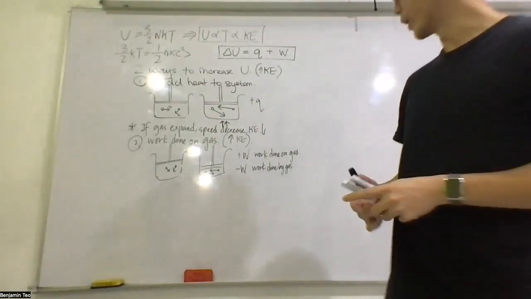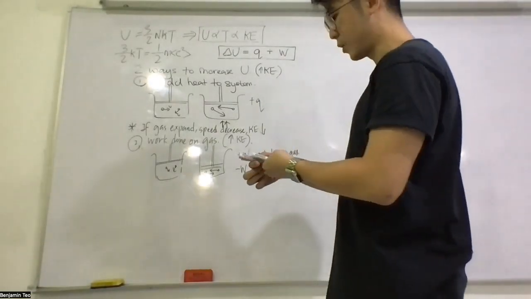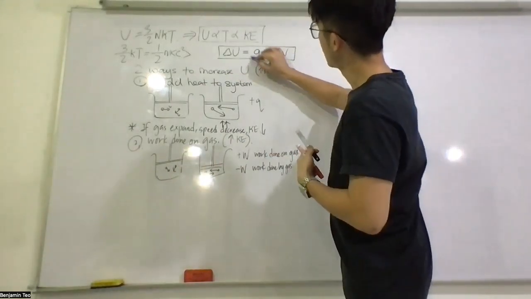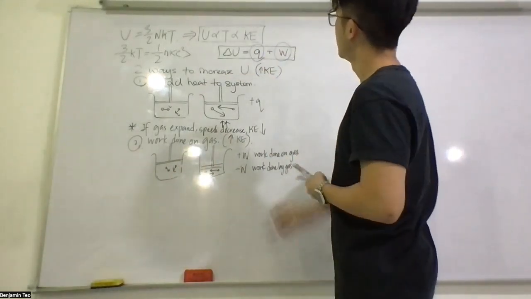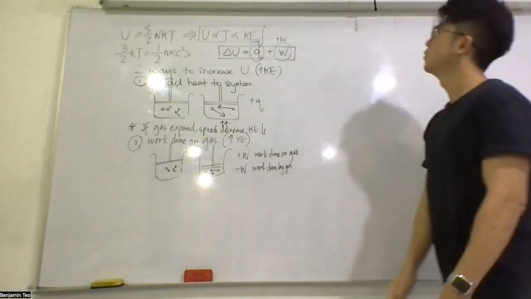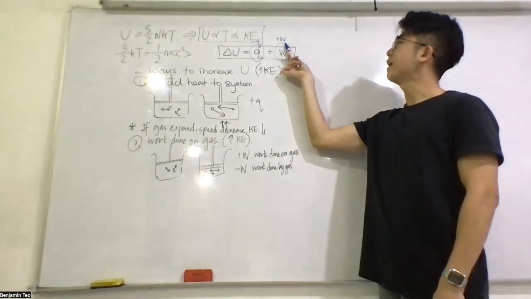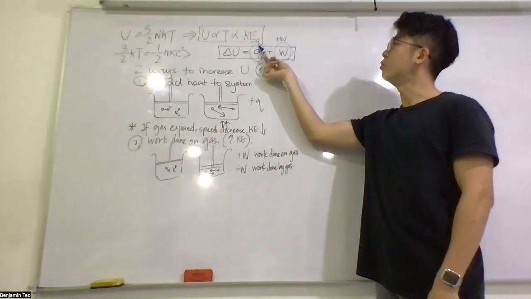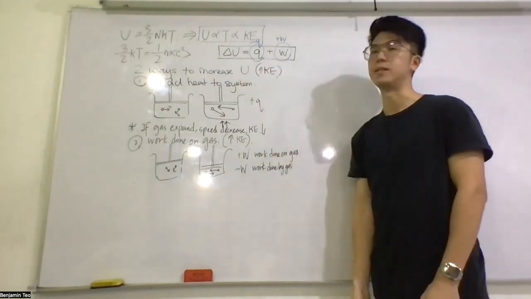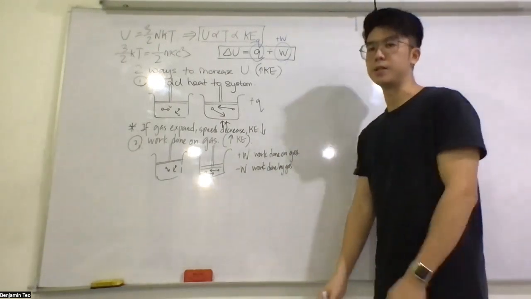In that case, you will get a minus W. So overall, whether it is an increase or decrease in internal energy, you are comparing these two quantities. Who is bigger? You can have positive W but negative Q. What does that mean? Meaning that you're doing work on the gas while you're losing heat from the system at the same time. So who is bigger will determine whether the internal energy increases or decreases.